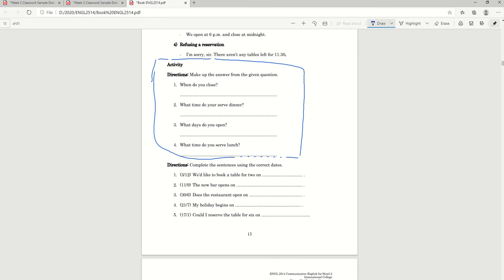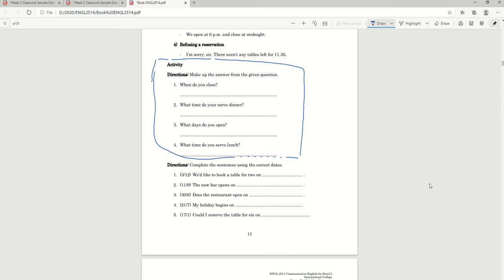The four questions are very easy, but one thing that you often make mistakes about is subject-verb agreement: singular subject with s, plural subject verb without s.